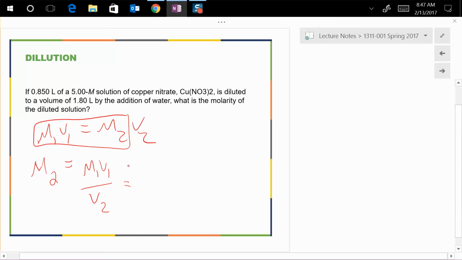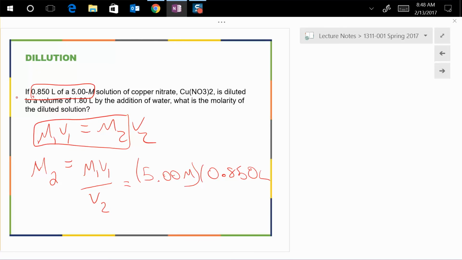The initial molarity is what? 5.00 molar. The initial volume is, okay? Now you'll notice how this is kind of in a pair in the question. A lot of times you find them in a pair like that. I'm not going to say always, but I'd say 95% of the time you find a pair, and that's your pair.